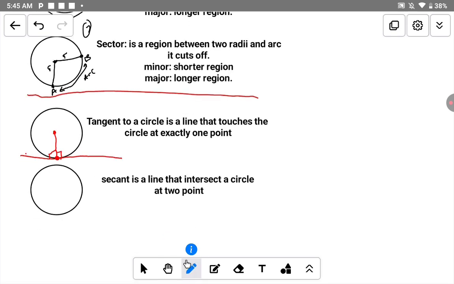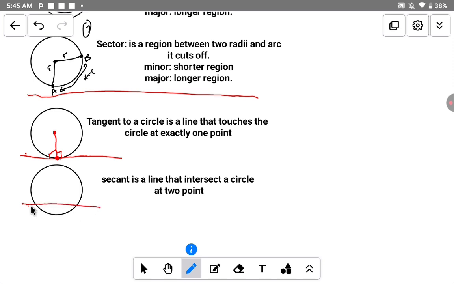Now let's talk about the secant. This secant also is very important. A secant is a line that intersects a circle at 2 points. So a secant is almost like a chord. For example, this is the line of a secant.